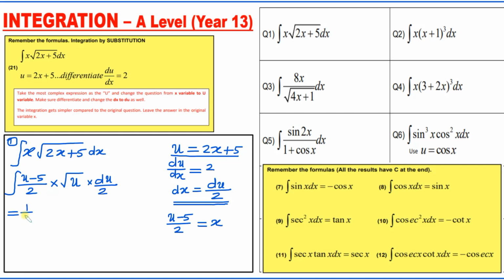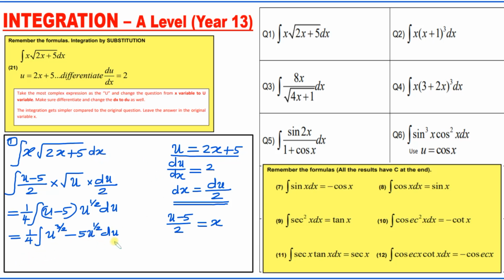So 1 over 4 integration of u minus 5 times u to the power half du. Now I'm going to expand the brackets: u to the power 1 times u to the power half is u to the power 3 over 2, minus 5 u to the power half, du.